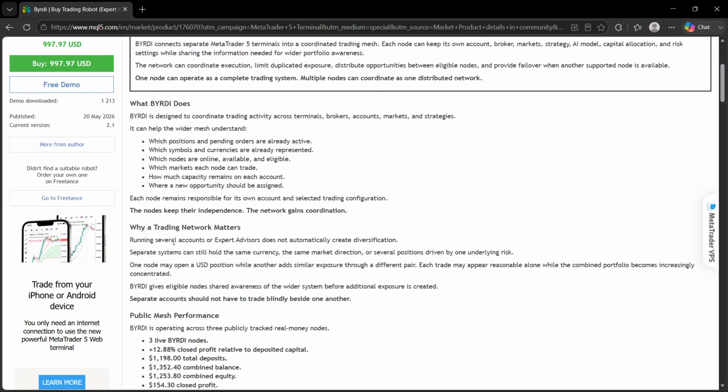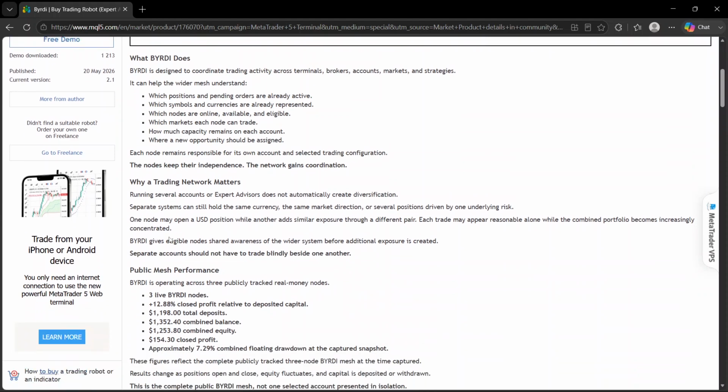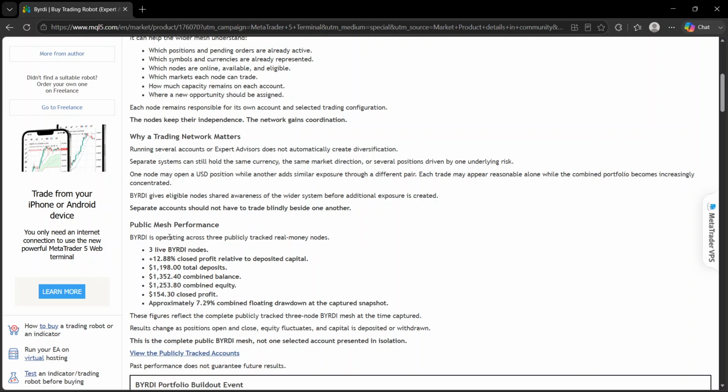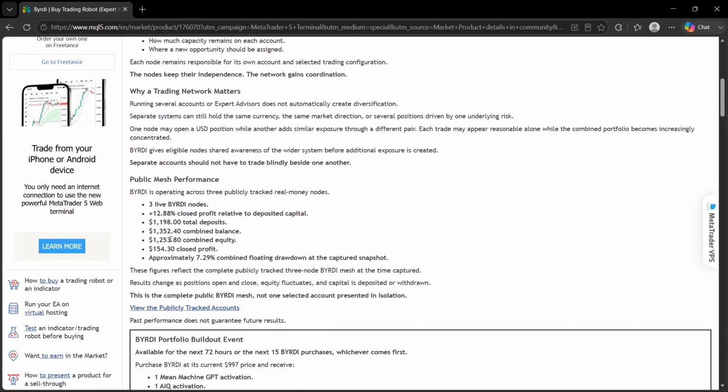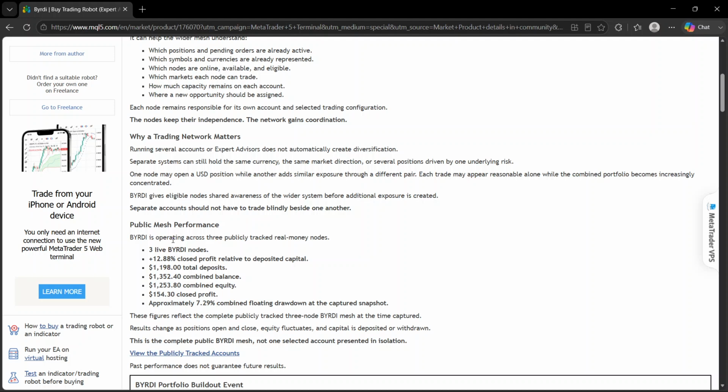The page says the mesh can coordinate execution, limit duplicated exposure, distribute opportunities between eligible nodes, and can handle failover if one node goes offline. If you're worried, one node can run as a complete system on its own, and multiple nodes can work as a coordinated network.